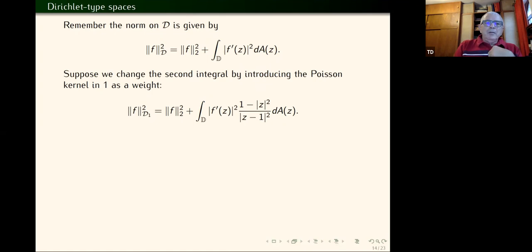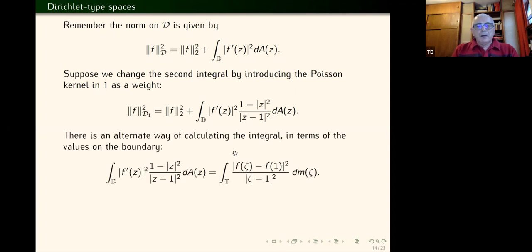Now, remember that the norm on the usual Dirichlet space is given by the sum of the H2 norm plus the integral of the derivative squared. And suppose that we change the second integral by introducing the Poisson kernel here as a weight. Well, in this case, actually, there is an alternate way of calculating the integrals in terms of values on the boundary.